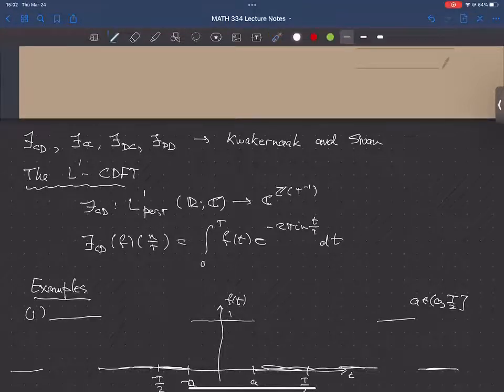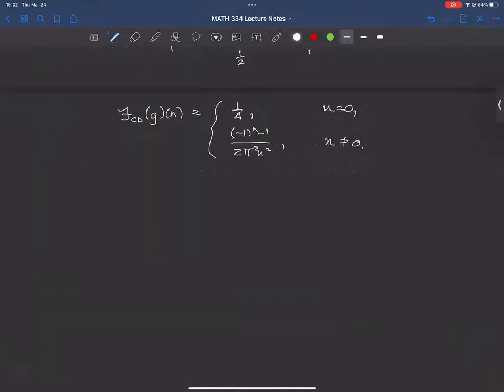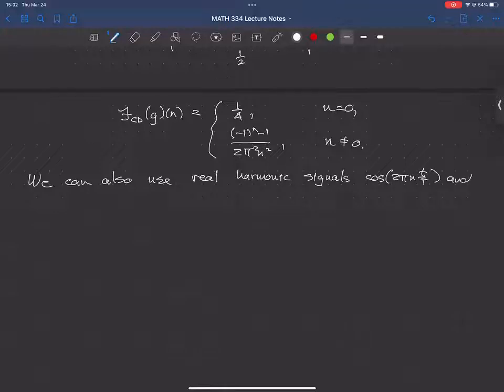But we can also use the real harmonics: cosine 2 pi n t over T, and sine 2 pi n t over T.